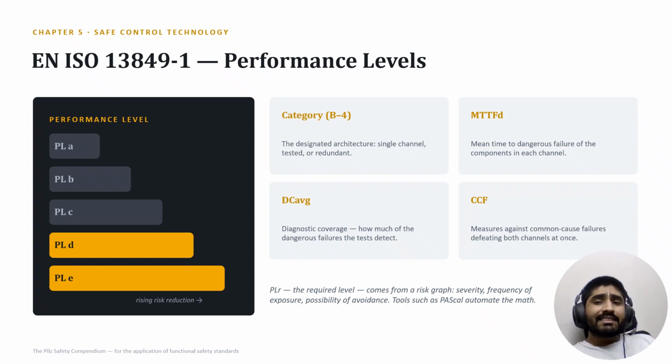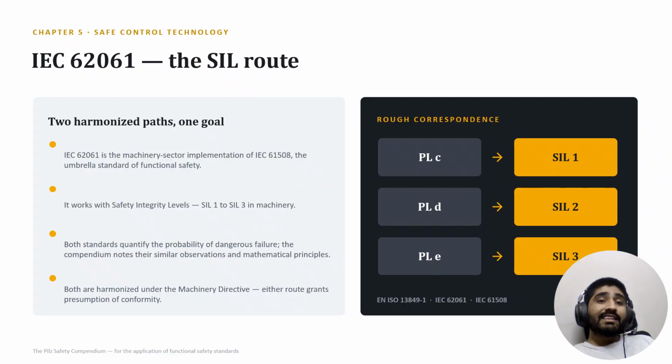Tools like the Pilz safety calculator PAScal automate this mathematics. The parallel route is IEC 62061, the machinery sector implementation of the functional safety umbrella standard IEC 61508. Instead of performance level, it works with a safety integrity level, SIL 1 to 3 in machinery.